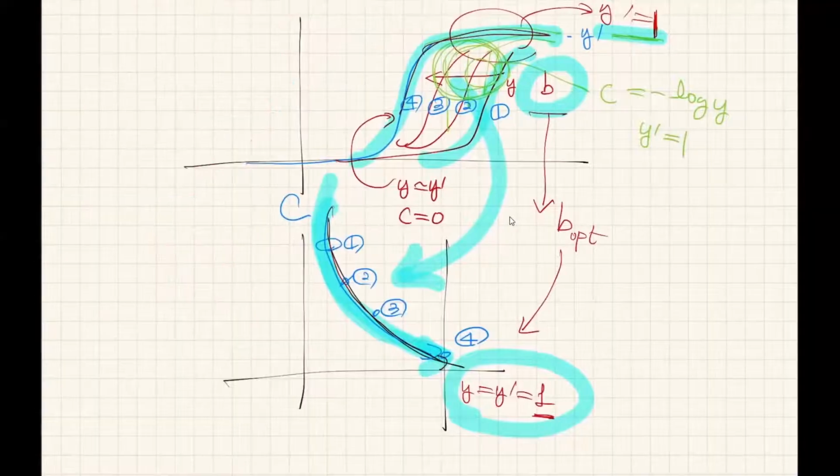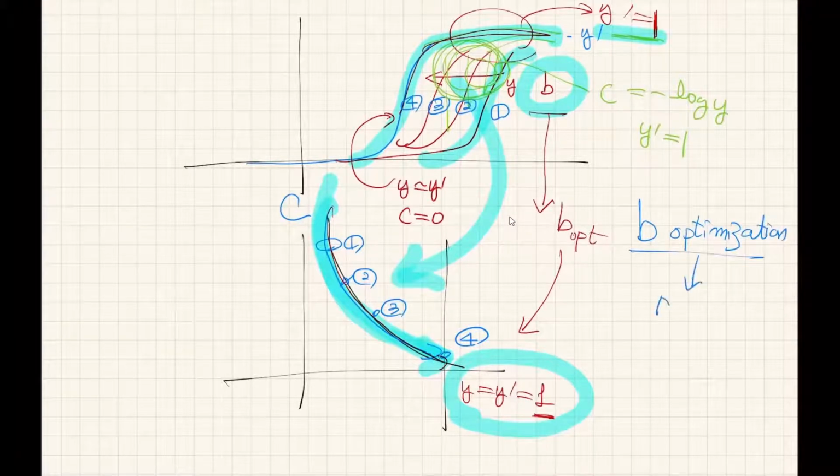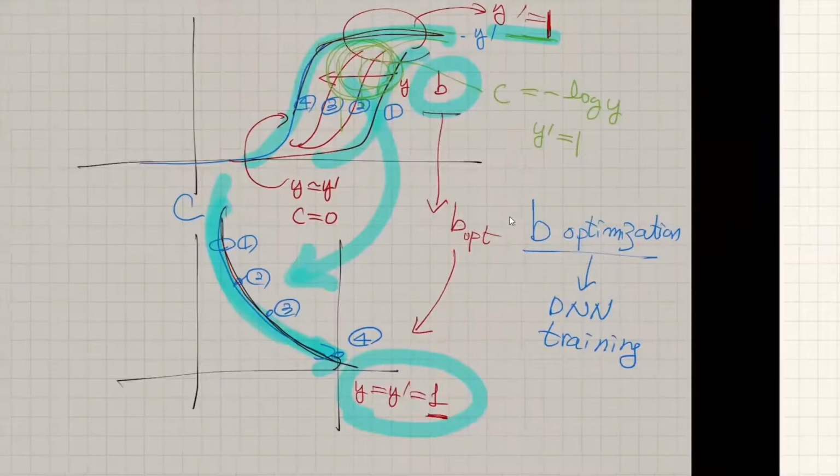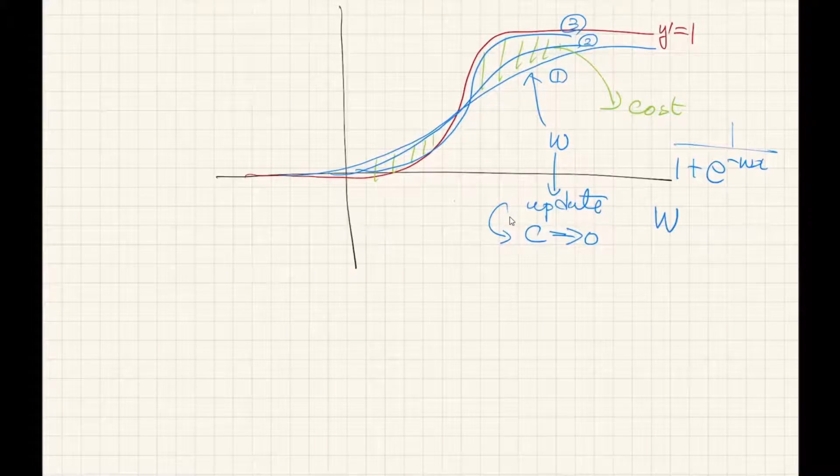In the previous slide, I showed you the case of B optimization. B optimization means the DNN training. But we also have to do the W optimization. That is called training.